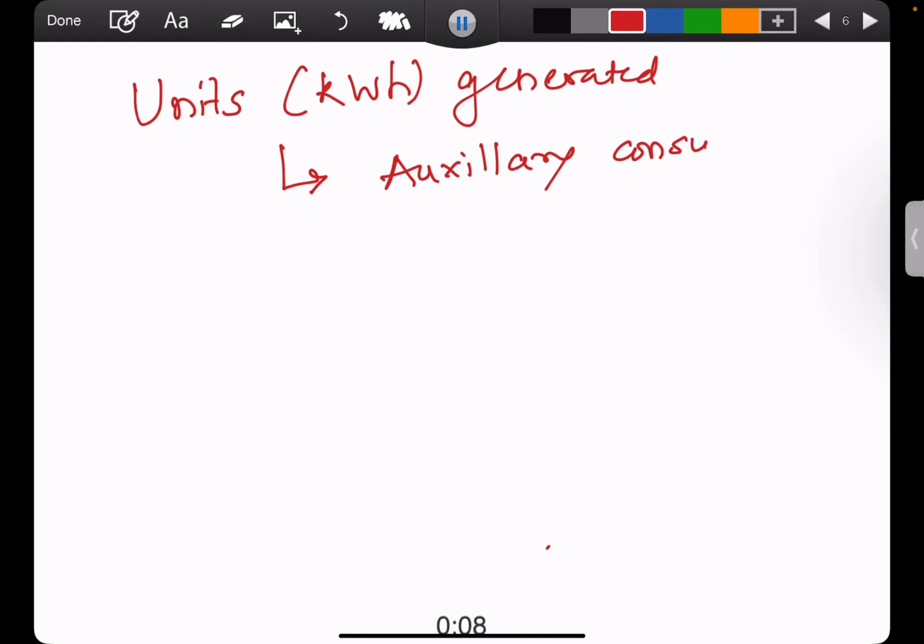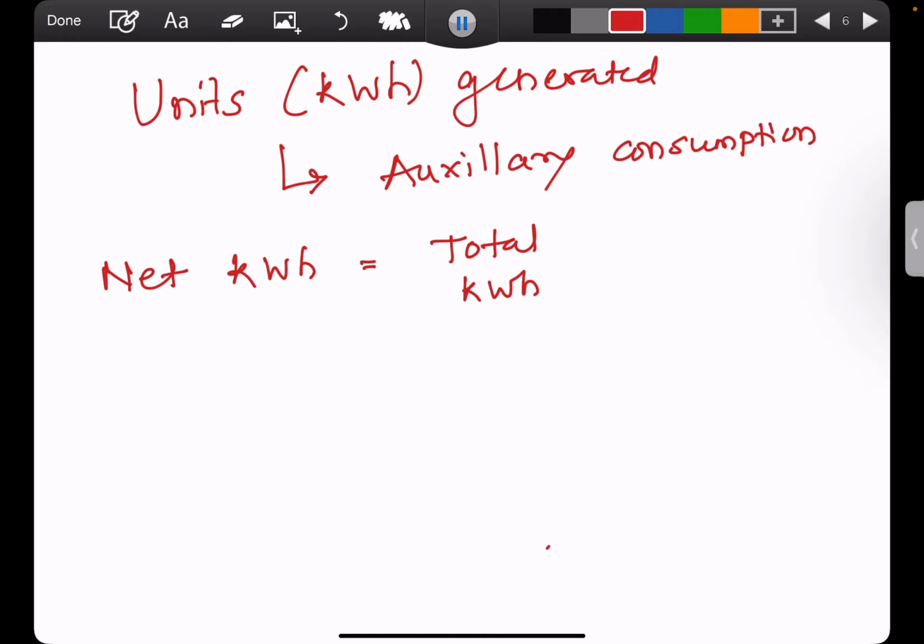Auxiliary consumption is the electricity which is consumed by the power plant itself. So how do you figure out the net electricity generated? The net electricity generated from the power plant would be equal to the total kilowatt hour generated from the plant minus the auxiliary kilowatt hour consumed by the plant.